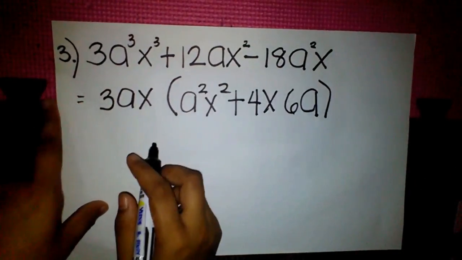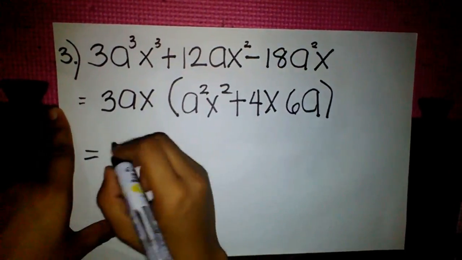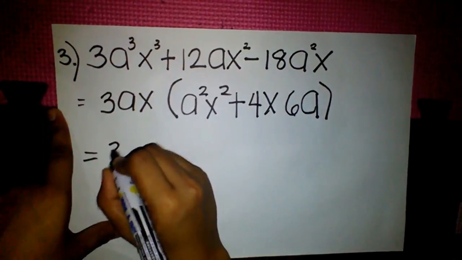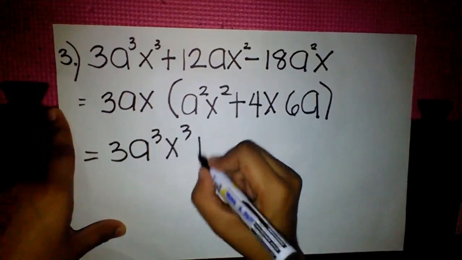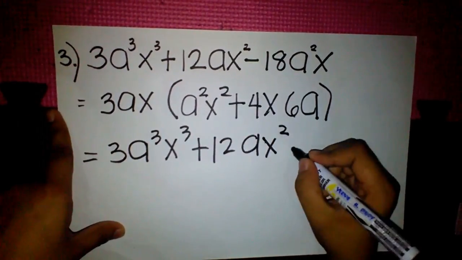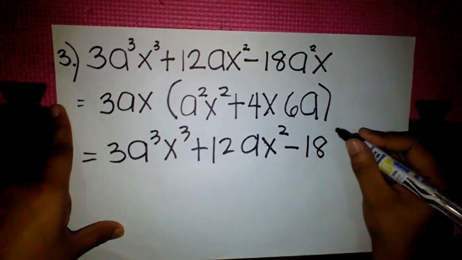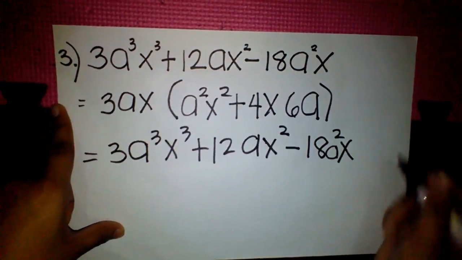So again, if we multiply this, we equally get the same equation, which is 3a cubed x cubed plus 12ax squared minus 18a squared x.